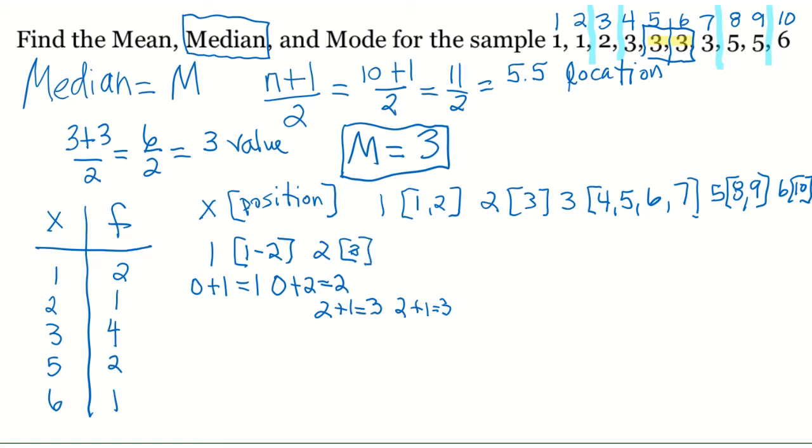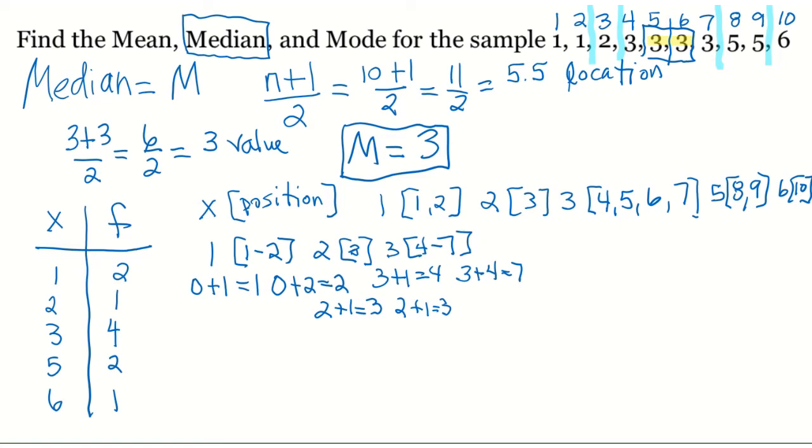So now I'm going to do the same thing for 3. I want to get the lower boundary, so I'm going to take this 3 that's in that box with the 2. I'm going to add 1. That's going to give me 4 as the lower boundary for the 3 value. And I'm also going to take that 3 and I'm going to add that 4 because it has a frequency of 4 to get 7, and that's going to be the upper boundary.